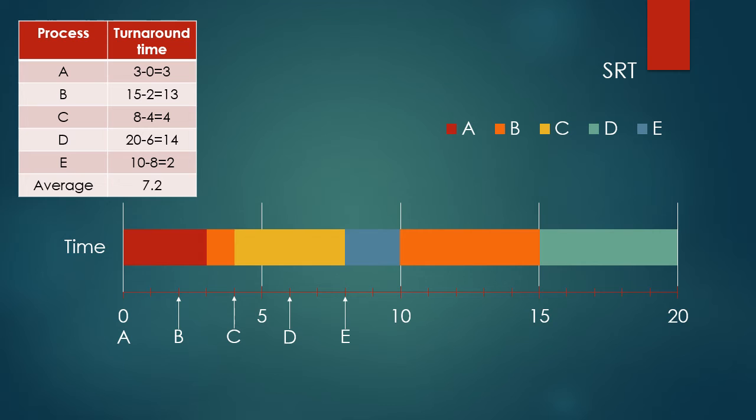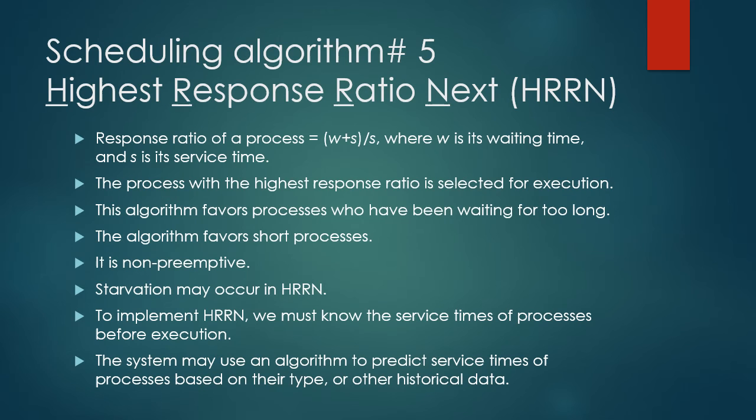Turnaround time is 4. D arrives at 6, finishes at 20. Turnaround time is 14. E arrives at 8, finishes at 10. Turnaround time is 2 and the average comes out to be 7.2.